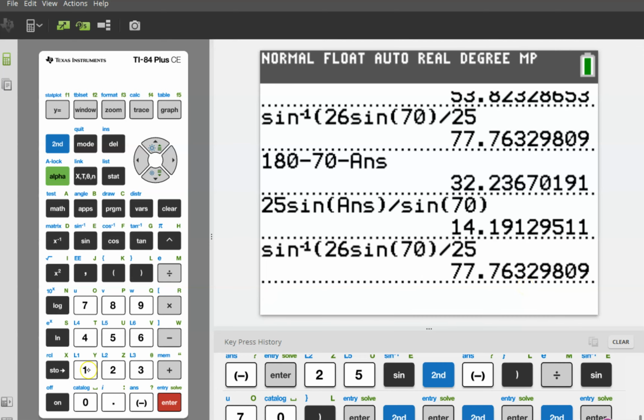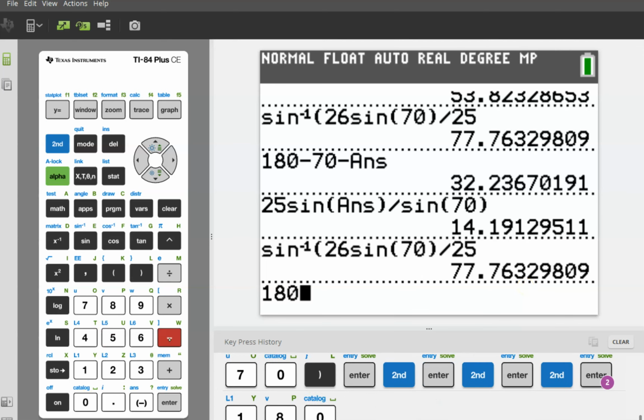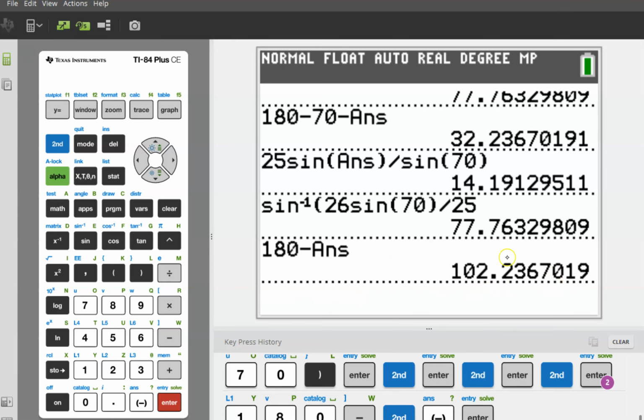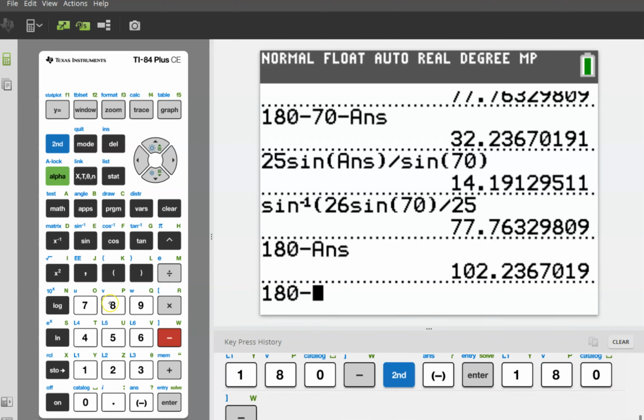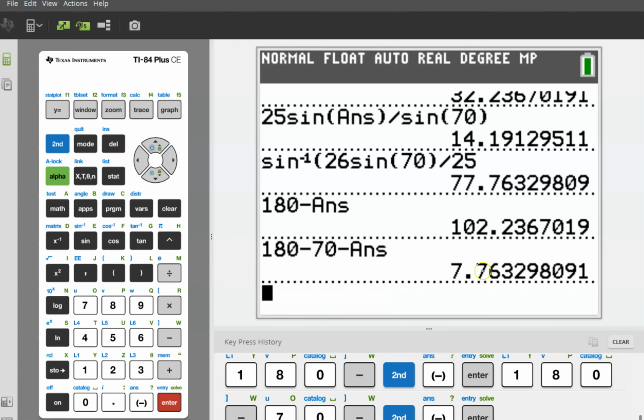We found our second gamma by doing 180 minus that number. So that was our second gamma. Now if I do 180 minus the alpha, which was 70, minus this new gamma, there's our 7.7633 number we're using for beta now.